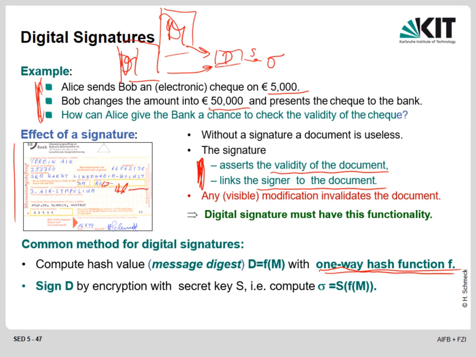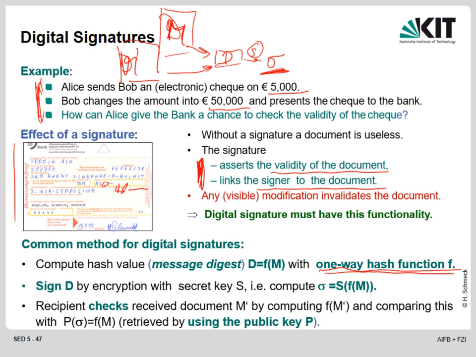And this is now a piece of information which carries information on the document, this digest of that document M, and hopefully not of another document in the vicinity of that. And then I use my identity, my secret key, to get the signature sigma.